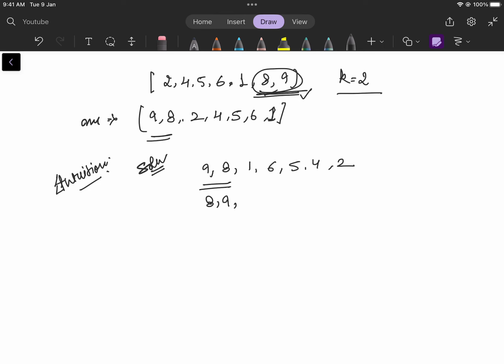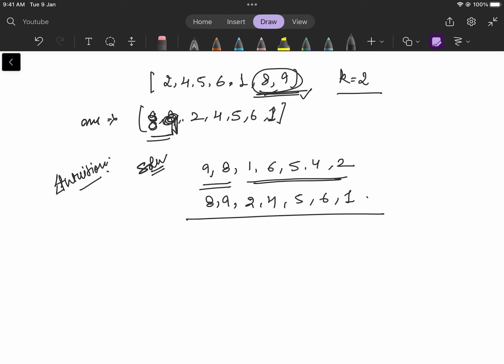And just reverse all these, 2, 4, 5, 6, 1. So I think rotating means 9 comes in first. Sorry, my bad. The answer will be this only. I think you got the intuition.